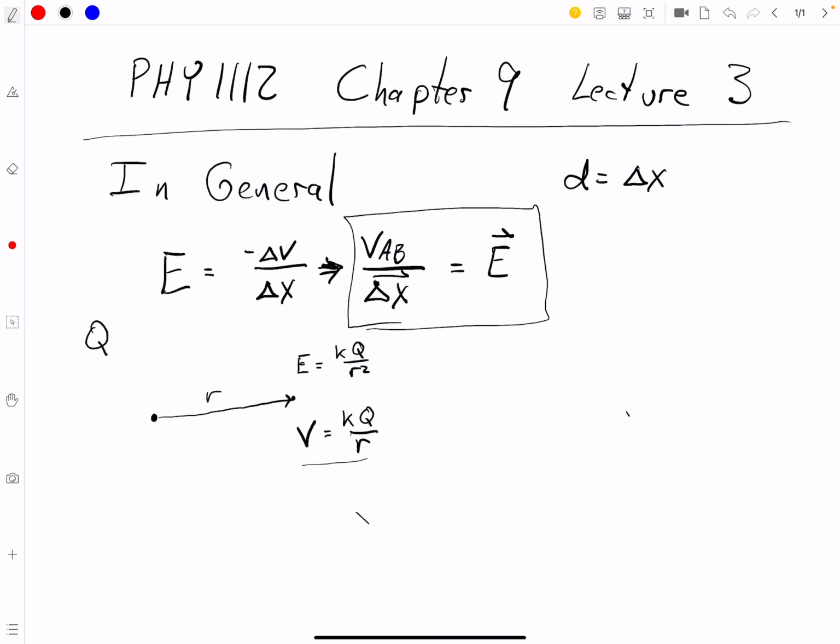How did I get this? So let's start with a force. So the force on any charge that we were to put in this position relative to this Q, our force is the distance away, or R, times our electric field.